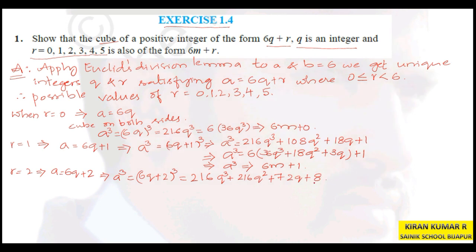This 8 I'll write as 6 plus 2 so that I can take 6 as common, and it becomes 36q cube plus 36q square plus 12q plus 1 plus 2. So it is something like 6m plus 2 format.